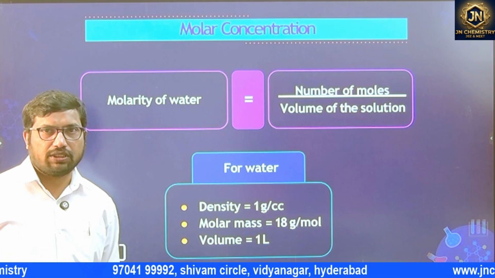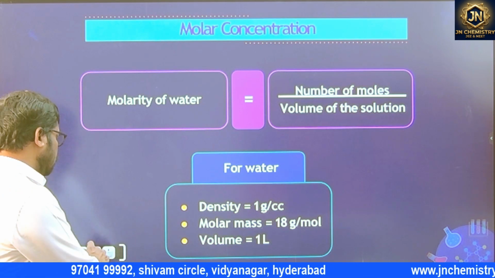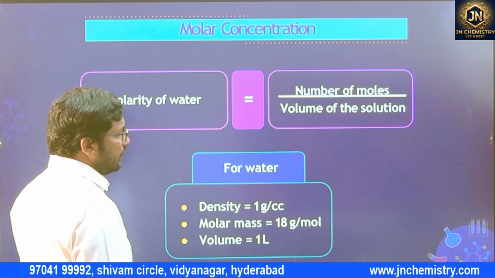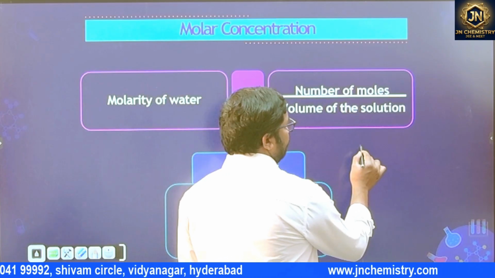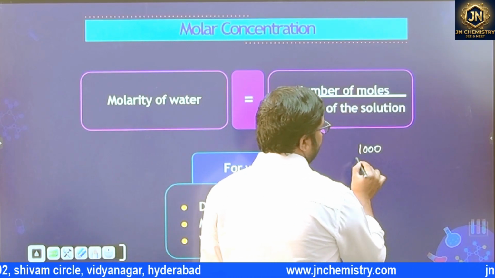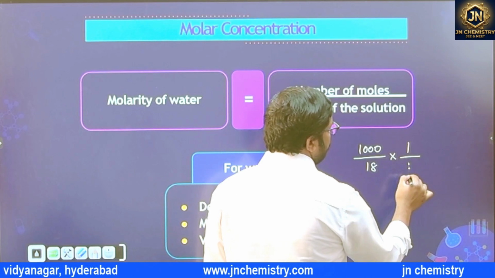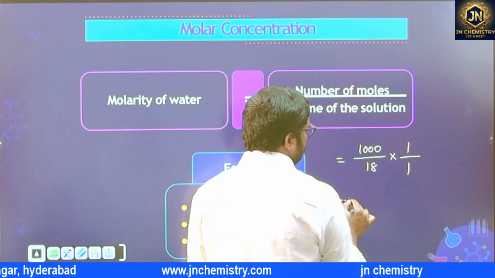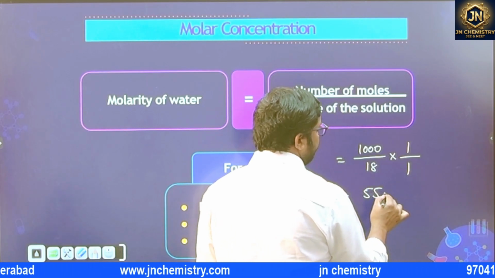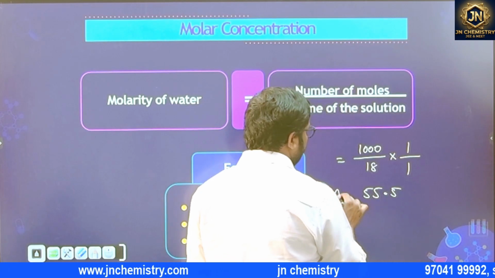1 liter of solution is nothing but 1000 grams of water. By its molecular weight, that is 1000 by 18 into 1 by 1 liter. We'll get 55.5 molarity of pure water.